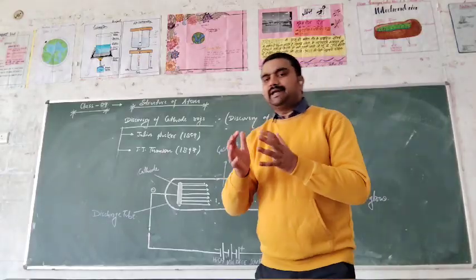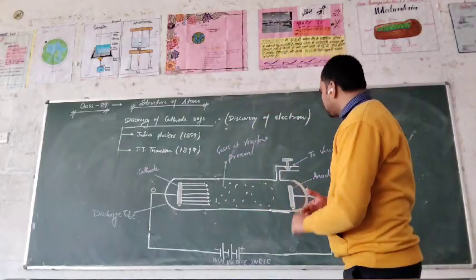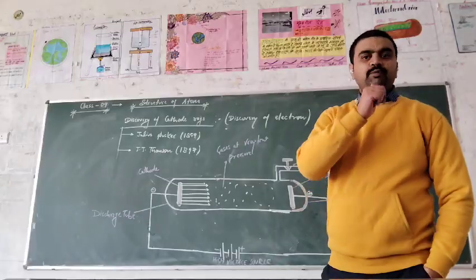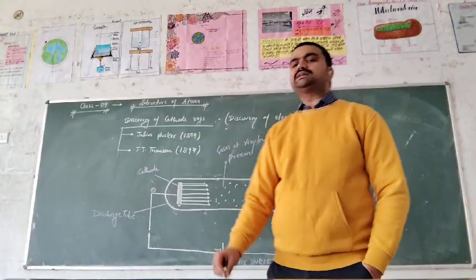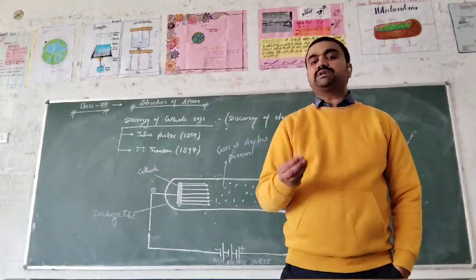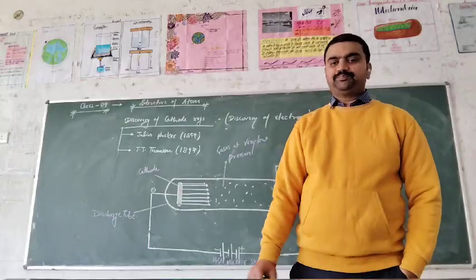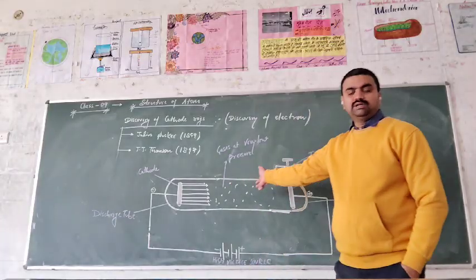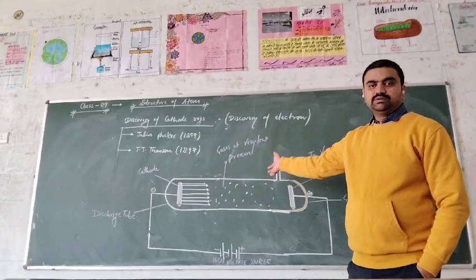And after some time, he approached the vacuum pump, and through the vacuum pump he released the pressure. That means he reduced the pressure for some time, and after that he started to pass the current through the discharge tube.